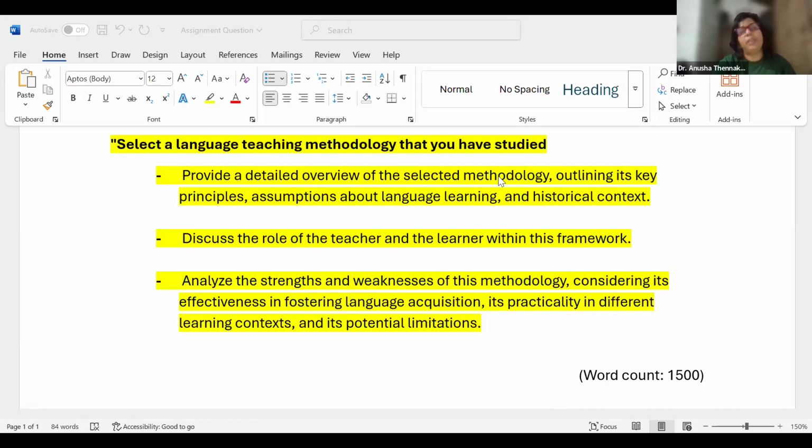You can take one of these 5: task-based learning, communicative language teaching, then audiolingual method, total physical response, teacher-centered methodology, student-centered methodology. Whatever you select, it doesn't matter. You have to arrange your answer very well. So that's what is needed.